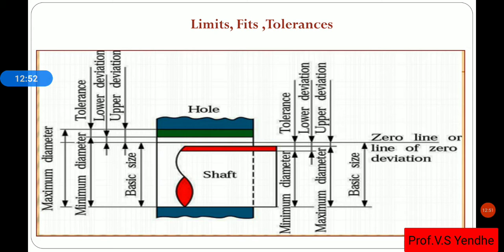The production machines have some inaccuracies and limitations to produce the parts of the actual size. First reason is that it is difficult to manufacture the components of the actual size.